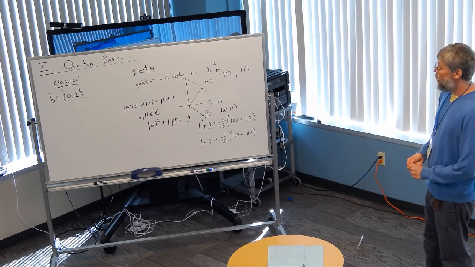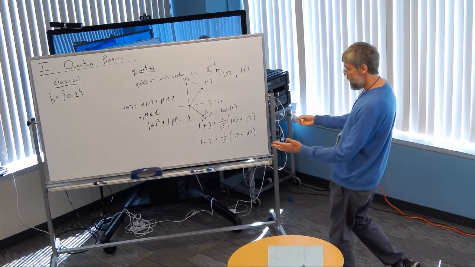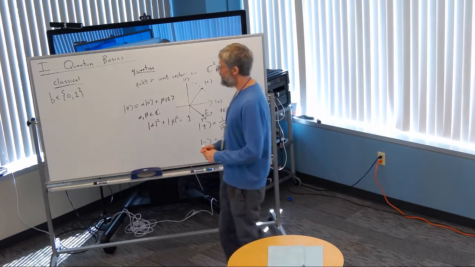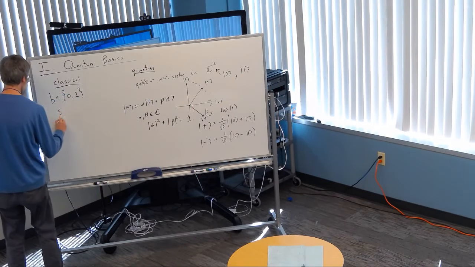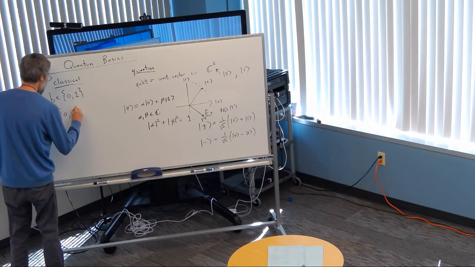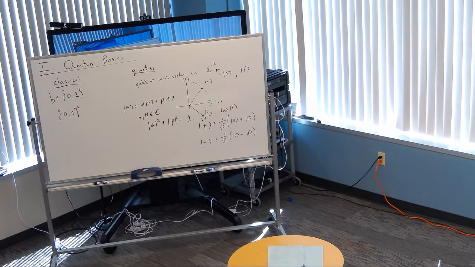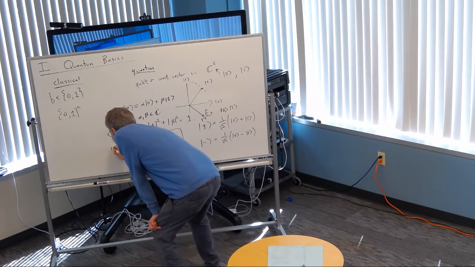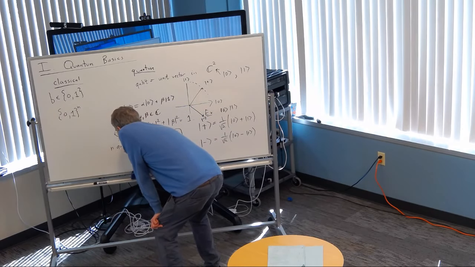Okay, so that's a qubit. What if you have many bits? Many bits, of course, is just a string in {0, 1}^n. Multiple qubits, an n-qubit system.